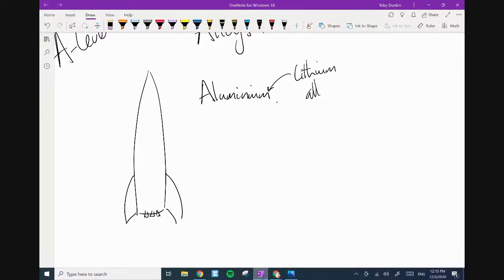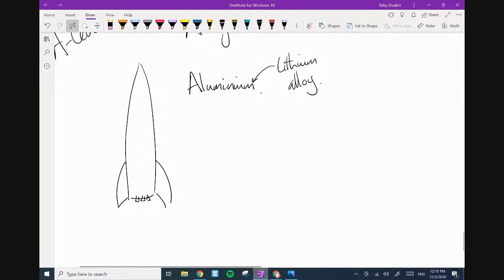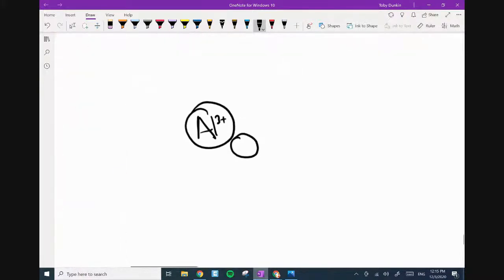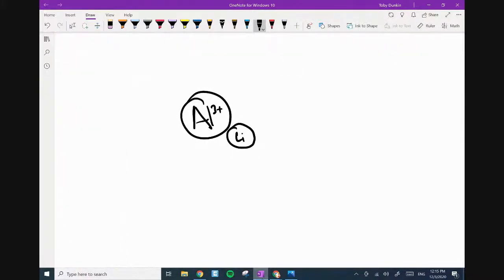This one is quite famous because it's quite an interesting mix: you've got lots of aluminium 3+ ions, but you're introducing a very small ion, even smaller than aluminium, I believe.